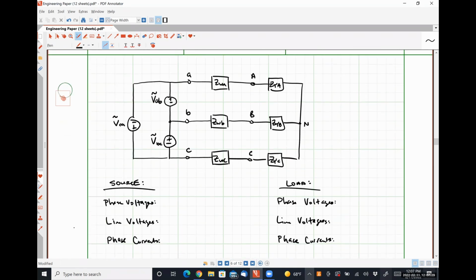So Cheston, what are my line voltages at my load going to be?